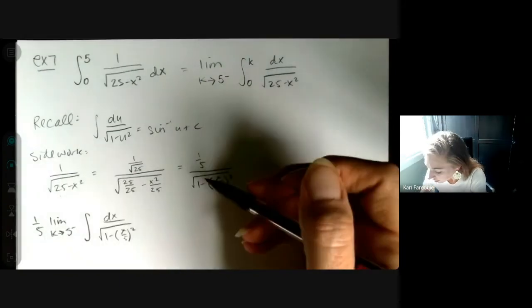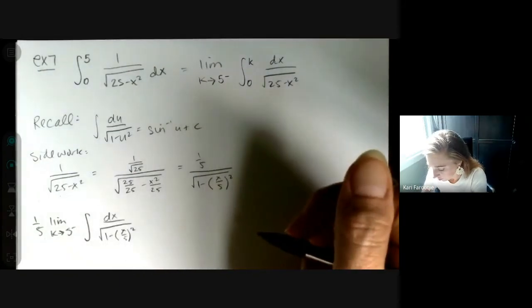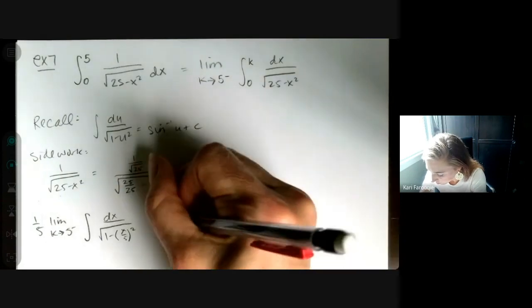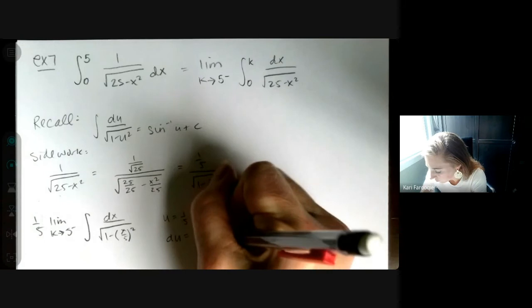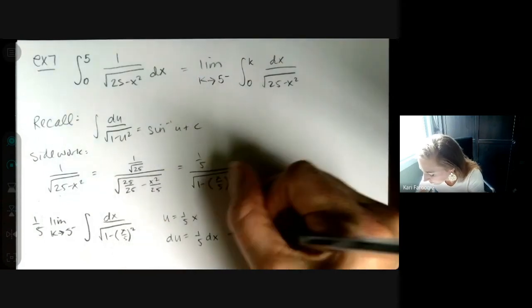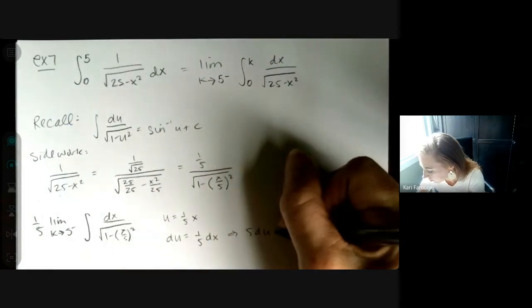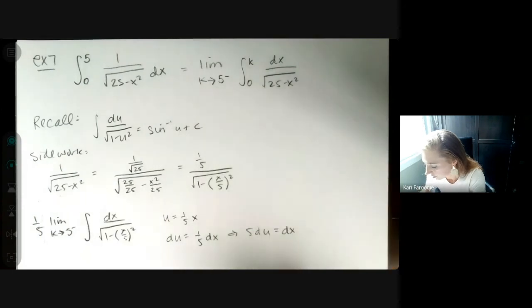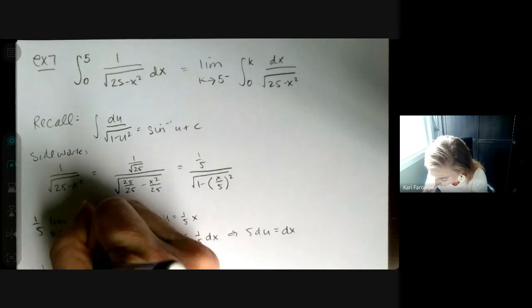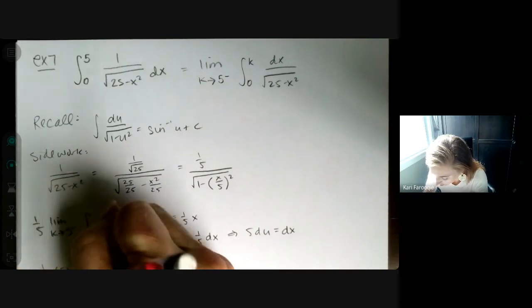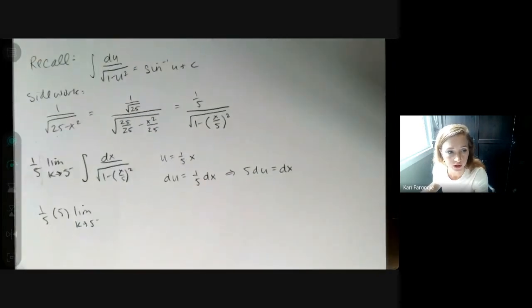Excellent. And then we'll just do a u substitution here to simplify this out. So we'll let u be 1/5 x, and then du is 1/5 dx. 5 du is equal to dx. So the 5 and the 1/5 are going to cancel out. The limit as k approaches 5 from the left.